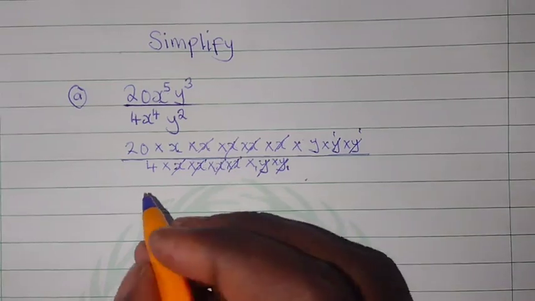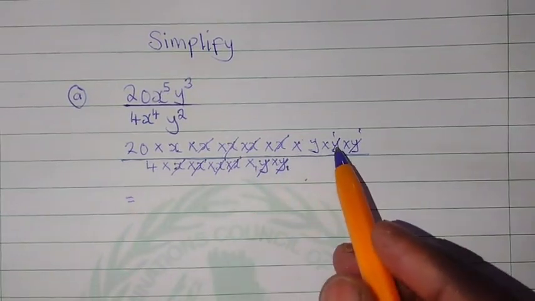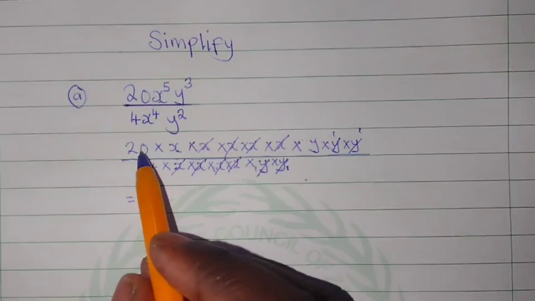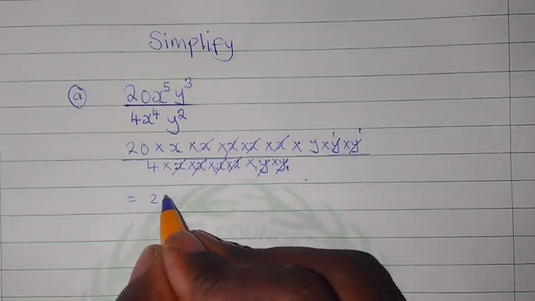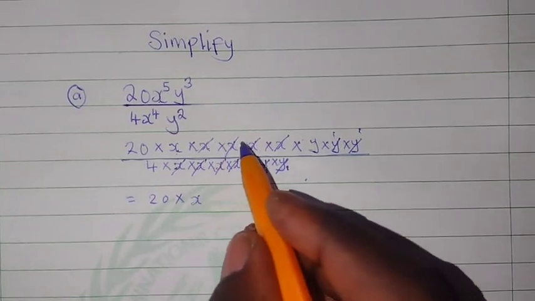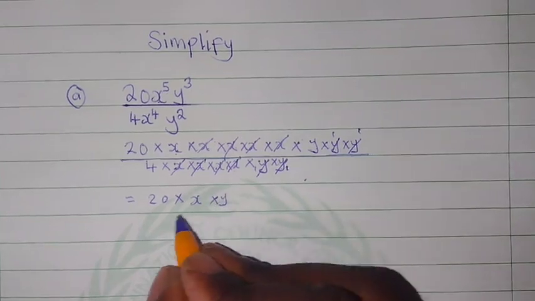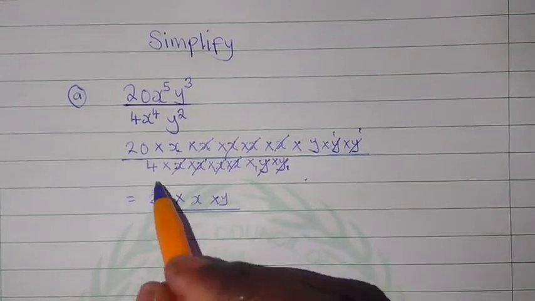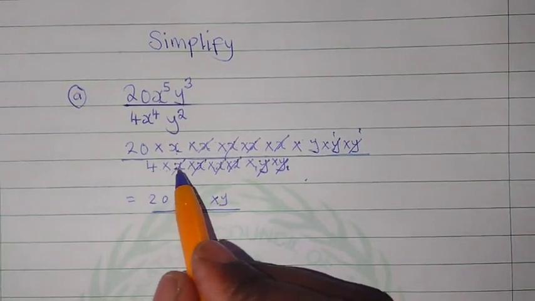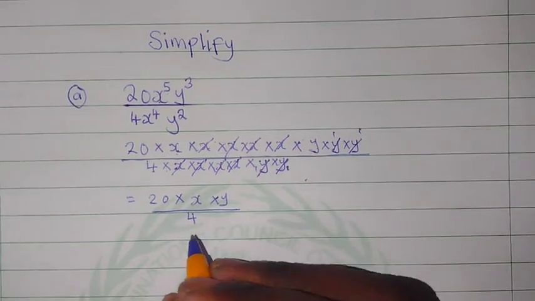Now look at what you are remaining with. If you are not clear here, please try to rewrite. I have remained with a 20 times this x, so these are ones right here, times this y, so times a y. Then you have 4 times, so 1, 1, 1, 1 will just give us a 4. So on the denominator I've just remained with a 4.